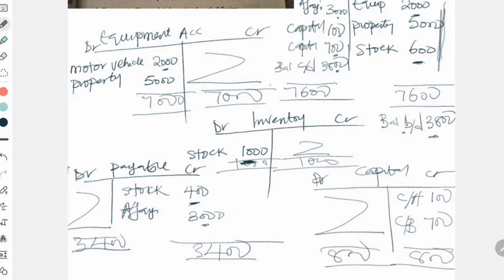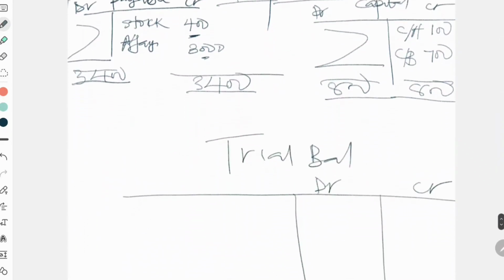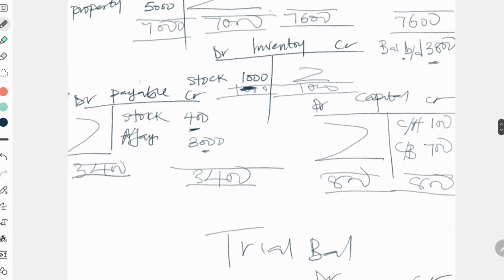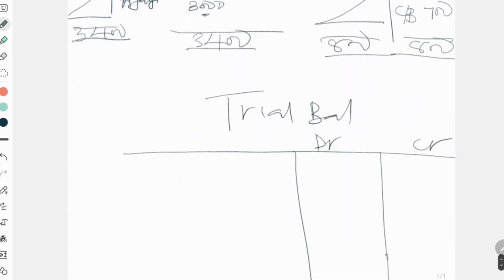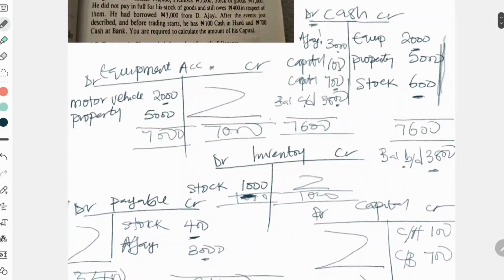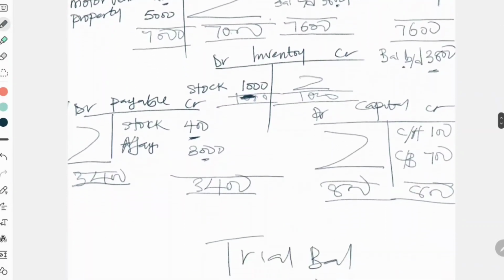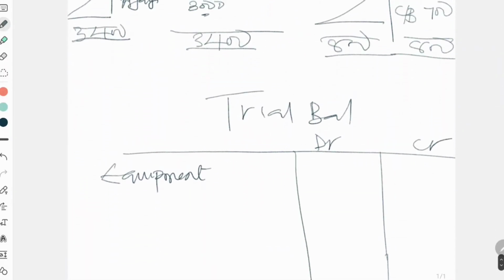So all we need here is a balance on each of all the accounts we had opened. Okay, so first thing first is equipment account. Equipment account. Okay, equipment, and we know that equipment is a debit balance account. So we have equipment 7,000.